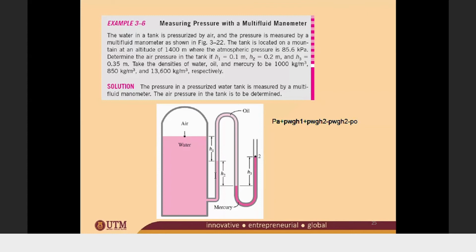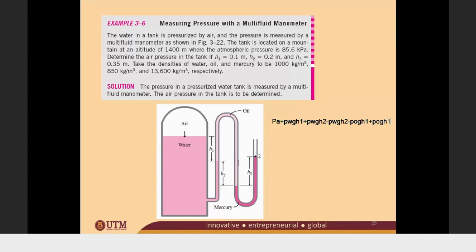Then you go up, minus rho oil g h1, minus plus, so it cancels out.